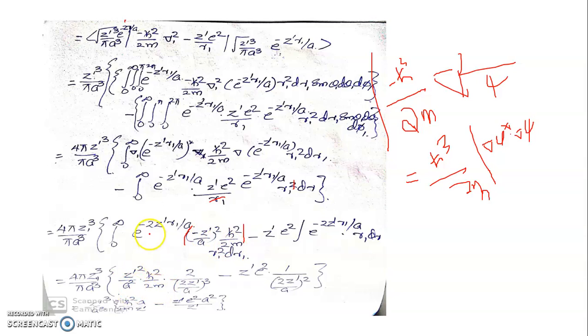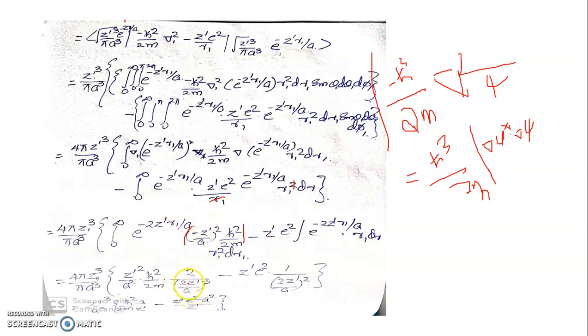This integral is n factorial divided by a power n plus 1, corresponding to the r1 square term, where n is 2. So 2 factorial, that is 2, divided by a power n plus 1, where a is the coefficient of minus r1 in the power of the exponent term. That is 2z prime by a, so 2z prime by a whole power 3.